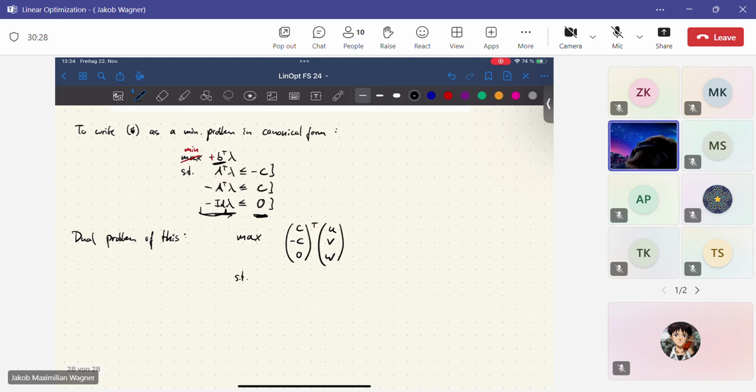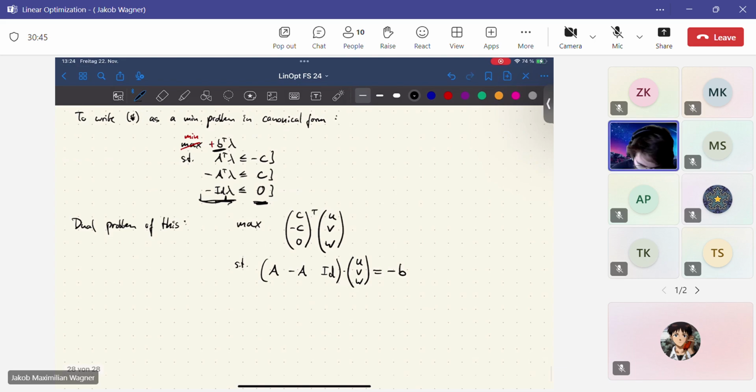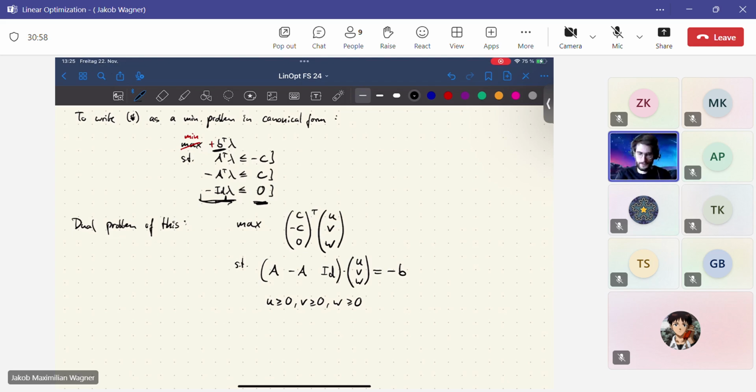So we have that A, minus A and the identity matrix times this u, v, w vector is equal to minus b. And all these double dual variables should be non-negative: u greater or equal 0, v greater or equal 0, and w greater or equal 0.